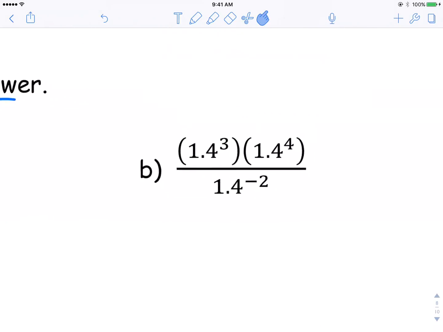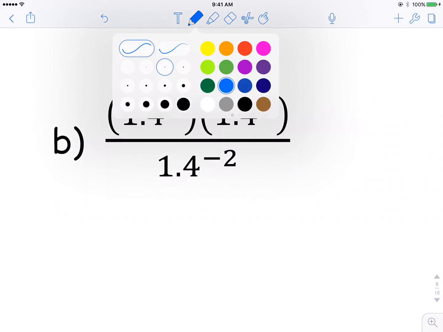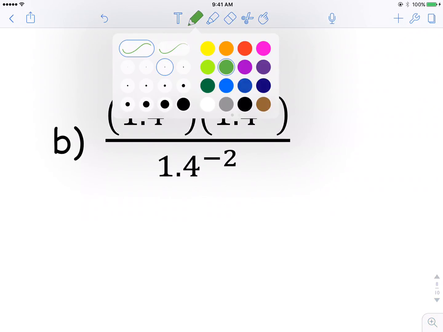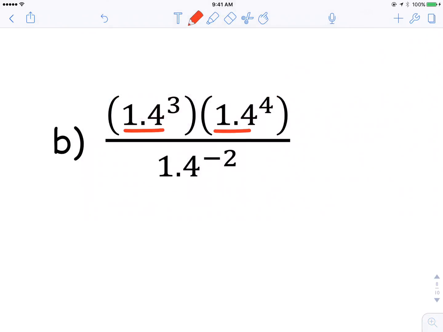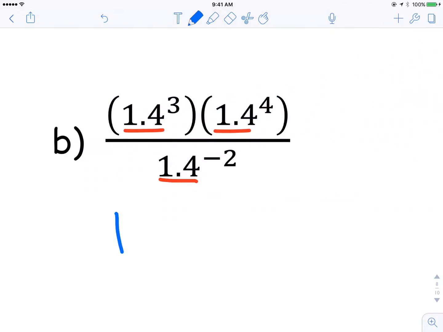Example B. 1.4 cubed times 1.4 to the power of 4 divided by 1.4 to the power of negative 2. Recognizing that all three of these are the same base, 1.4 here, 1.4, 1.4. So I know that the base is going to stay the same, 1.4.